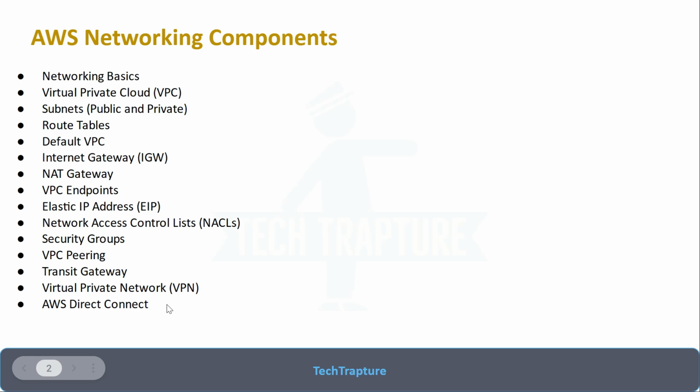So these are mostly used for your hybrid connectivity when you want to connect your AWS network to the on-premises or your data center. In that case, these things will be used, mostly the VPN and the AWS Direct Connect. So currently I do not have any on-premises network to explain, but I'll try to create separate videos for transit gateway, VPN, and AWS Direct Connect, because this video is already getting too long because we have covered almost all the things from AWS networking.